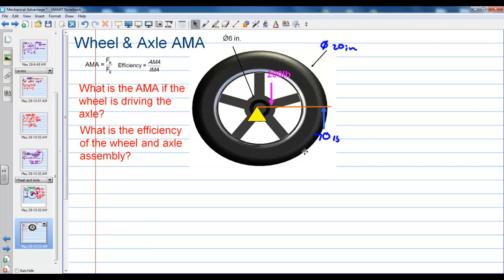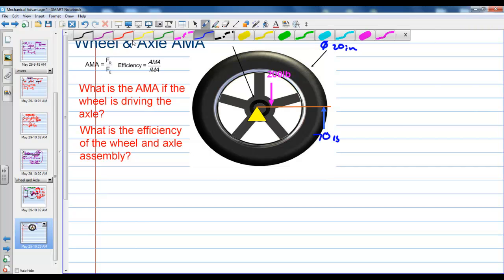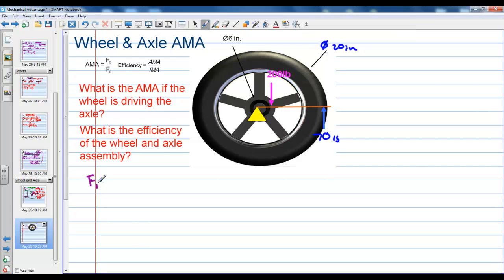Okay, so we look at our AMA, and our actual mechanical advantage is going to be the force of the resistance over the force of the effort. We know that the wheel is driving the axle, so the wheel is our effort.